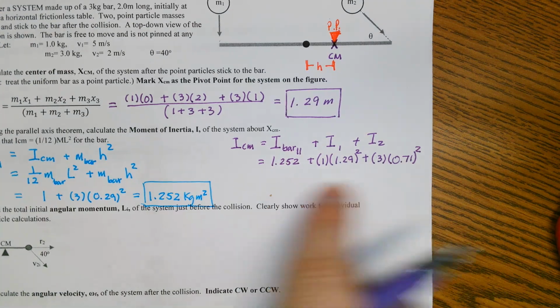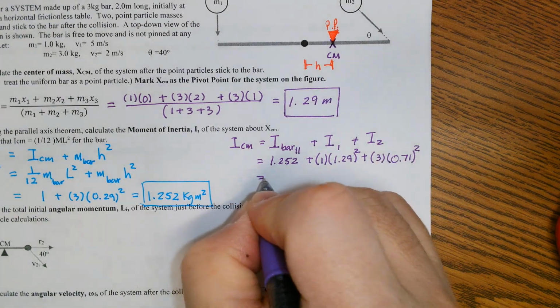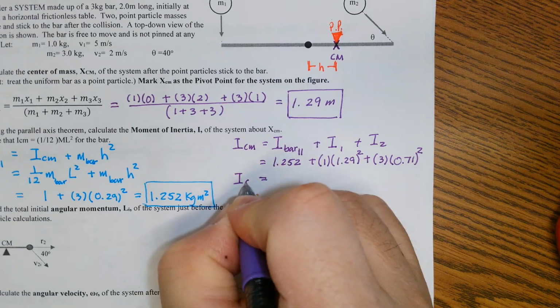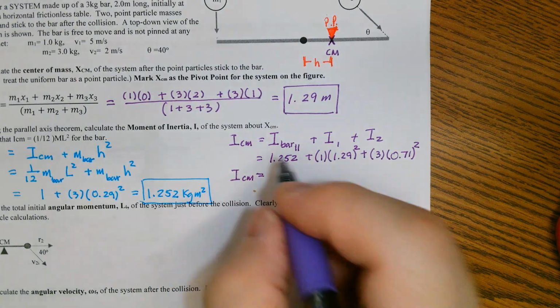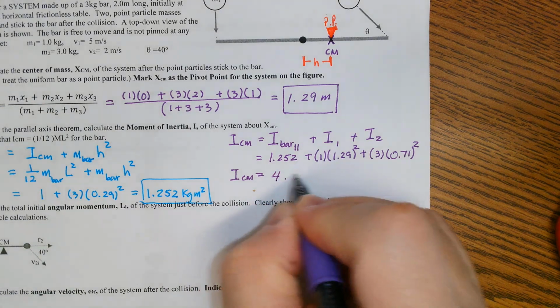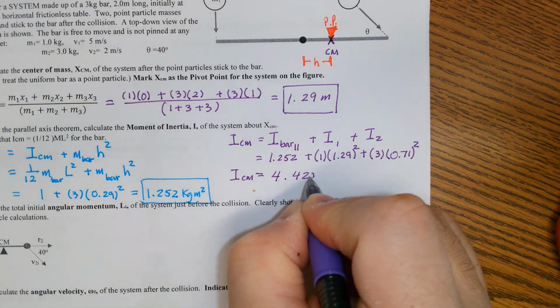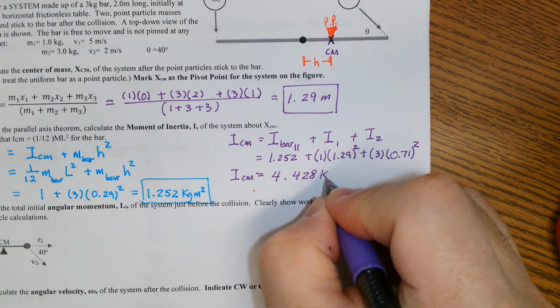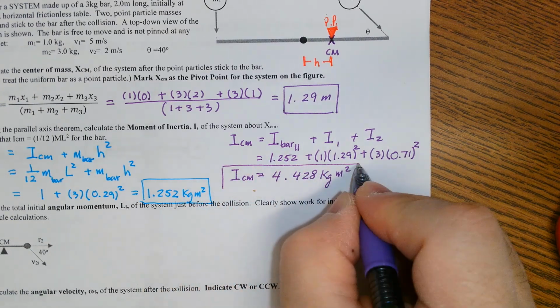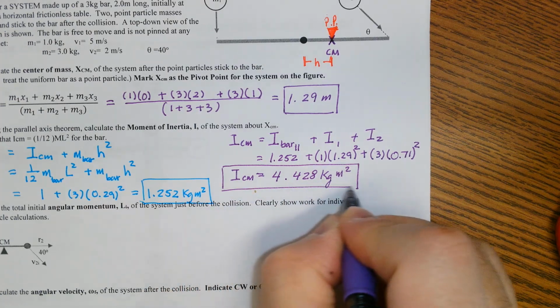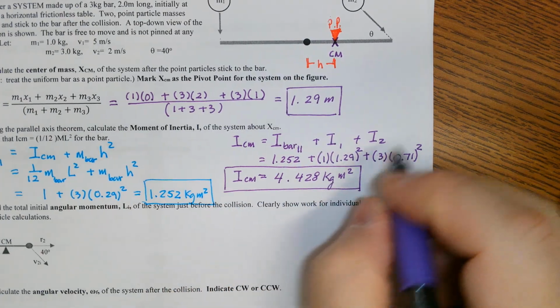So if you add them all up, don't forget to square that. If you add them all up, you're going to get my I of center of mass of the total system, which comes out to 4.428 kilograms meters squared. So this is the whole system's moment of inertia. Okay?